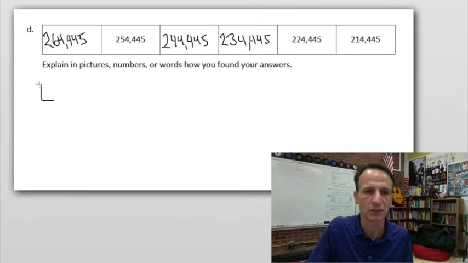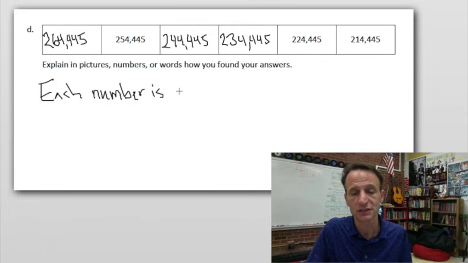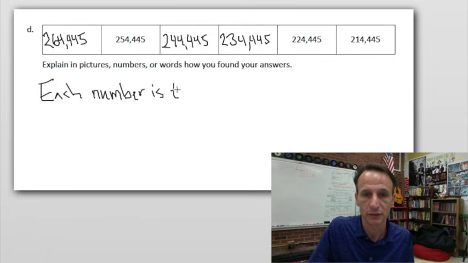So each number is what? What place are we talking about? What place is changing? Yes, the 10,000s place. So we can say is 10,000.